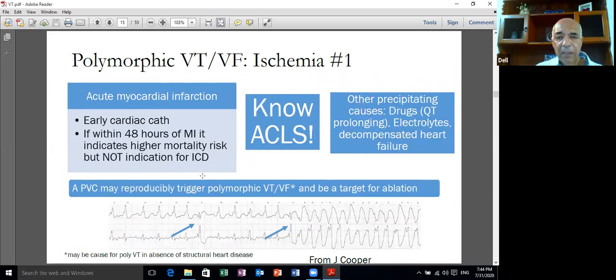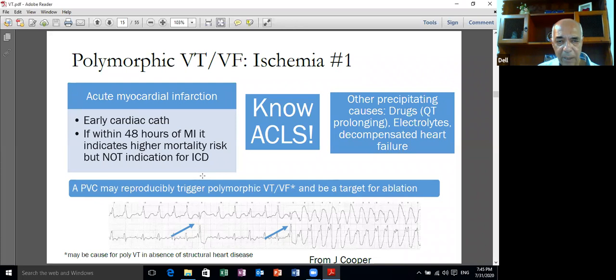Now, polymorphic ventricular tachycardia: if you see it, there are differential diagnoses for it, but the first, second, and third cause of polymorphic ventricular tachycardia is ischemia. So ischemia, ischemia, and ischemia. If you get polymorphic ventricular tachycardia early within the first 48 hours of myocardial infarction, it indicates a high initial in-hospital mortality rate, maybe in the immediate post-hospital phase, but it's not a long-term mortality risk.